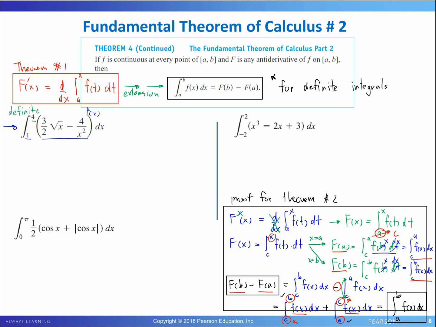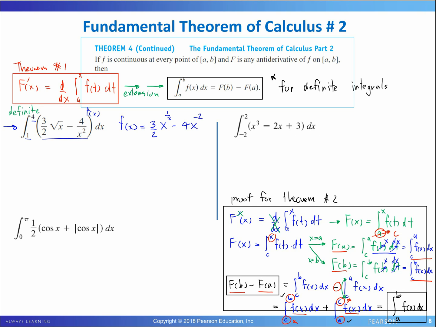But first of all, I'm going to express this function f of x in a form that is easier to work with. So let's do it right here. F of x equals 3 over 2. So we have square root of x, but I'm going to use this instead, x to the power of 1 over 2, minus 4 divided by x squared, and I use this instead, x to the power of minus 2.